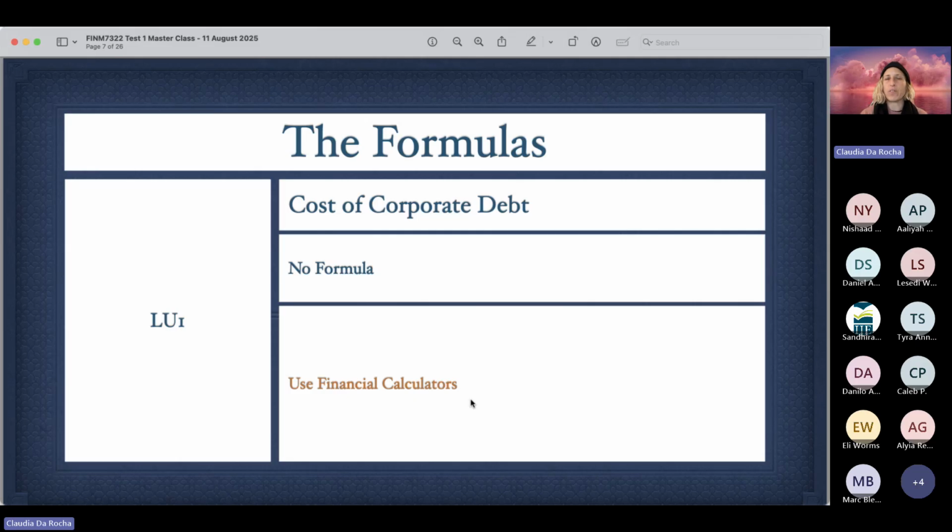You need to understand what face value is, what par value is, what a coupon rate is, etc., so that you can apply it. And the only difference between what you would have learned before and now is that your coupon payments are after tax. So again, we don't use formulas. We use the financial calculators to calculate the IRR, internal rate of return, which represents the cost of the bond or the cost of debt.